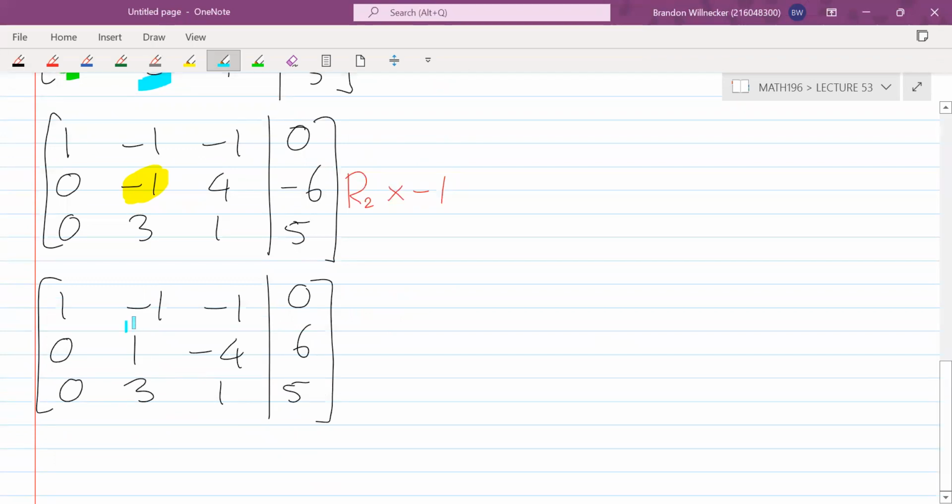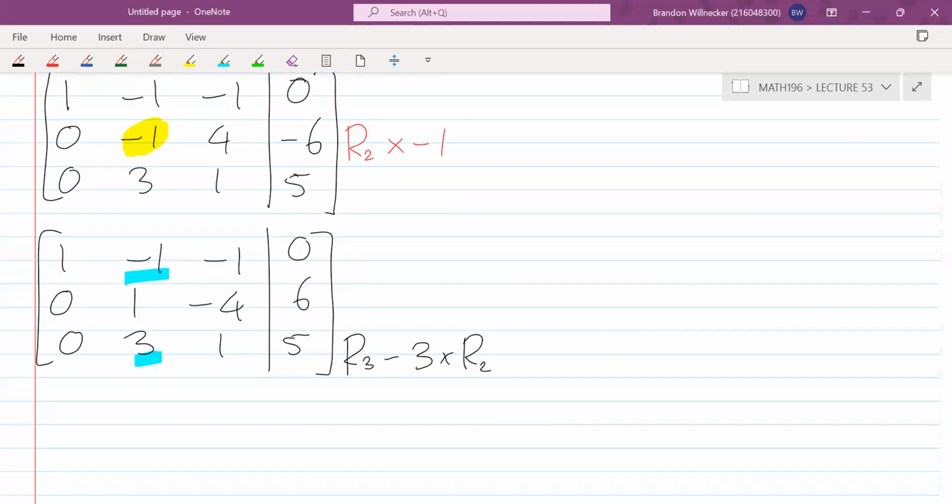Okay, next, the number above and the number below, we need those to be zeros. So let's do the number below first. Okay, so we've got a 3. We need that to be a 0. So we take row 3 minus 3 times row 2. Okay, because then the 3 and the 3 will cancel, which is what we want. Okay, so let's do that.